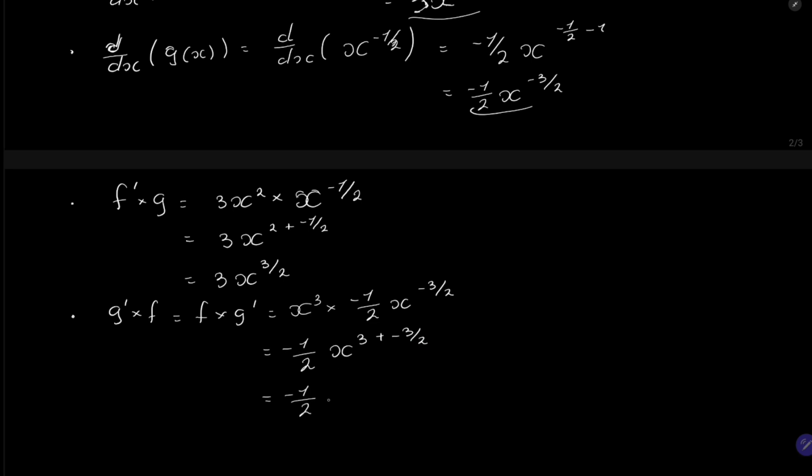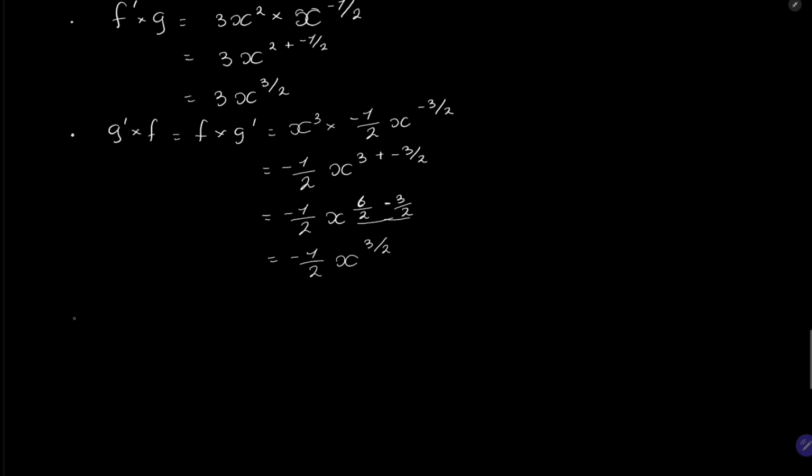We can simplify this: 3 is the same thing as 6 on 2, so 6 on 2 minus 3 on 2. From here we can directly subtract the numerators, since the denominators are common, which gives us negative half x to the 3 on 2.